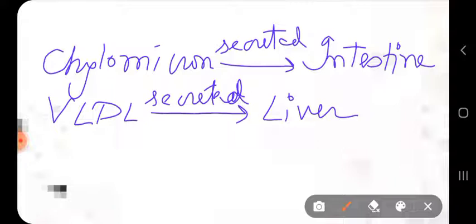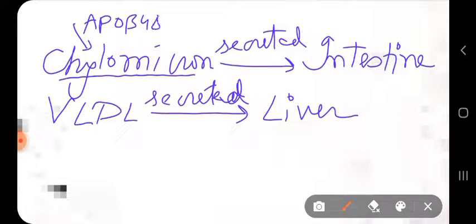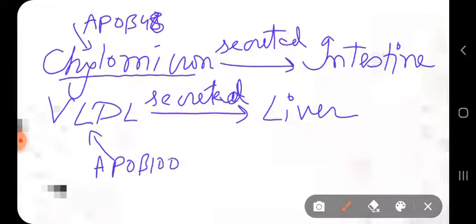Now I have said that chylomicron contains apolipoprotein B48 and VLDL consists of apolipoprotein B100. What does it mean?